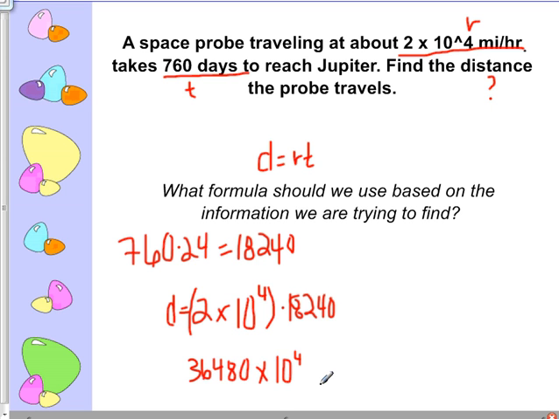Now, as we know, this is not correct scientific notation, so we need to put that in correct scientific notation, which is going to bring us to 3.648. And because I moved the decimal point over 1, 2, 3, 4 times, my exponent is going to become 8.